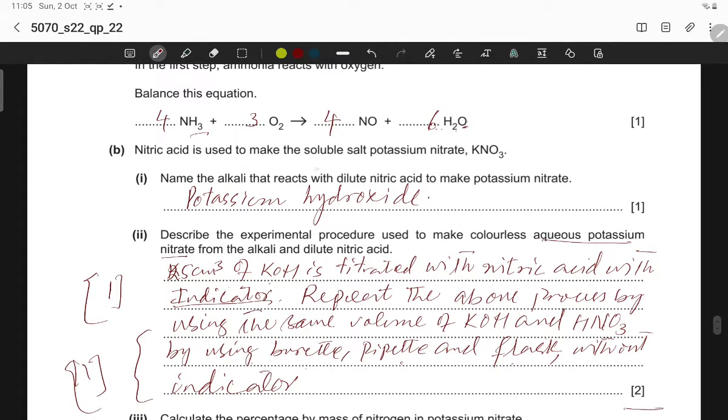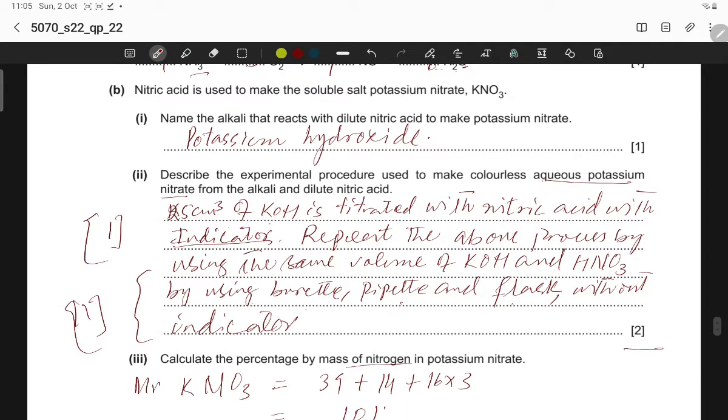Nitric acid is used to make the soluble salt potassium nitrate. Name the alkali that reacts with dilute nitric acid to make potassium nitrate. The alkali is potassium hydroxide.